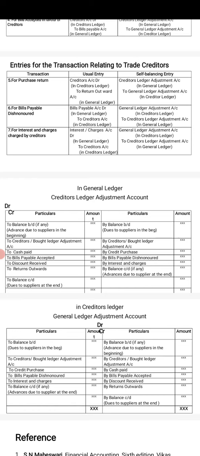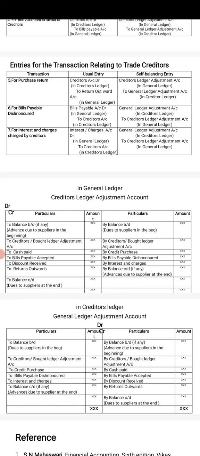Ledger adjustment account is prepared if any company is preparing the books of accounts under the accrual basis. It means they may have missed out recording some transactions in the books of account. That time, if we are finding any disagreement with regards to DR equal to CR, we have to prepare creditors ledger adjustment account.